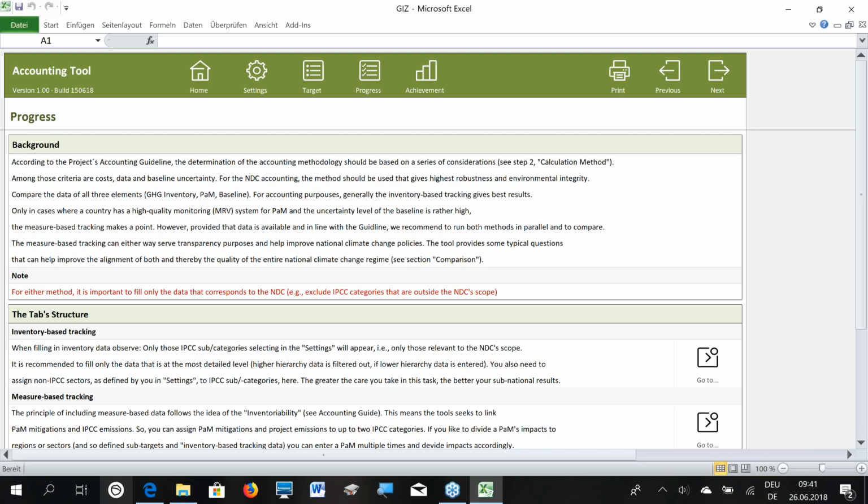The national GHG inventory might already be on the level you need it for your NDC. If you have an economy-wide NDC, or if you have another breakdown, maybe just a sectoral NDC, you would introduce to the tool only the IPCC sectors that correspond to your NDC.